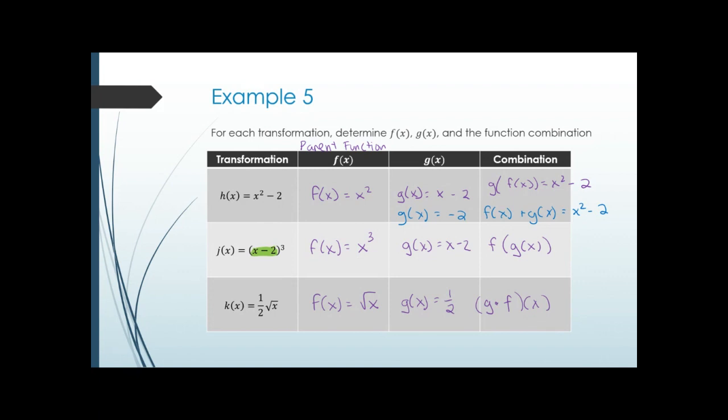And then from there, determining what the transformation is. So you're not going to have to do things like this in example 5 other than identify the parent function and then the transformation. This was just an example to show you how you're actually doing combinations when you're doing transformations.